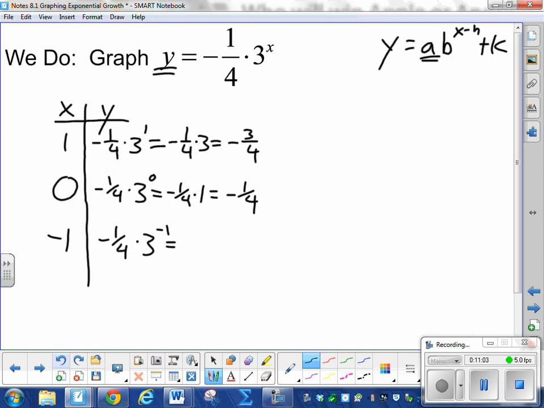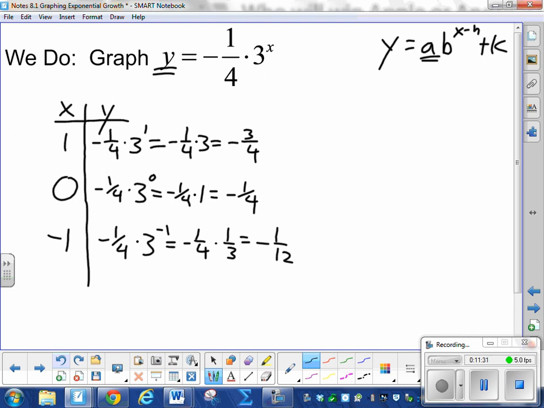And this will be -1/4 times 1/3, which equals -1/12. Okay, so 3/4 is bigger than 1/4. 1/4 is bigger than 1/12. So we're just going to have to try to make our graph kind of smaller. But so let's try this out.